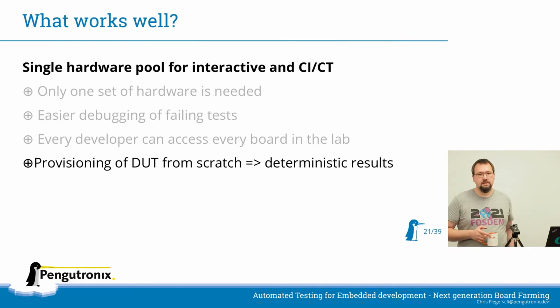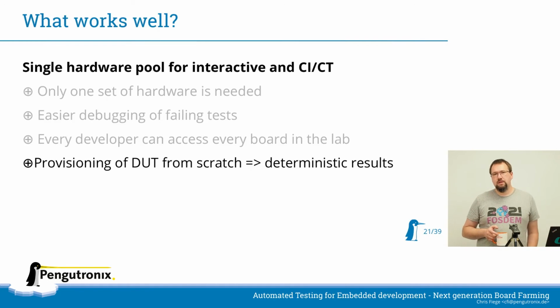Another good thing here is, since we can never rely on the state of a device for continuous testing, we always provision our devices from scratch. So take, for example, KernelCI that relies on a working pre-flashed bootloader on a device, and then uses that bootloader to load the kernel and user space from that. But we can't rely on a bootloader because we never know what state it is in when we run tests.